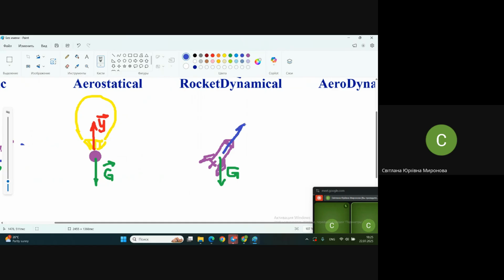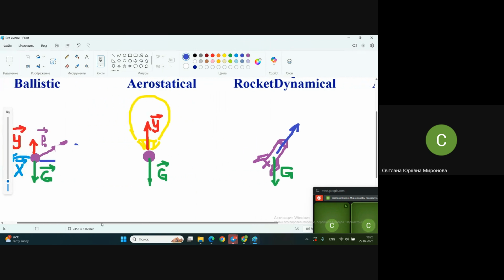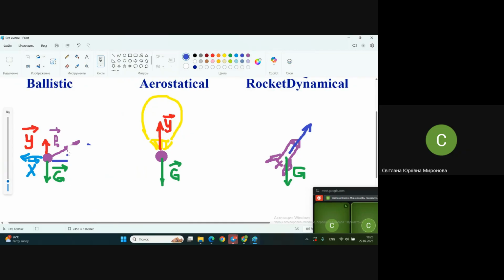The force acting here is the propulsion force. Now it's a permanent force, not like the zero force before. Let's show it like this.